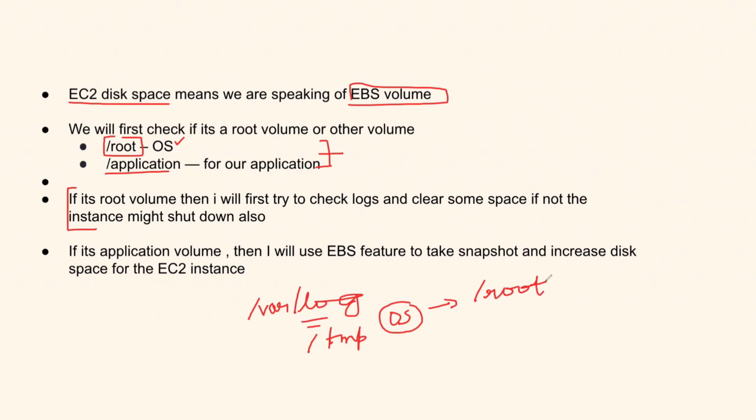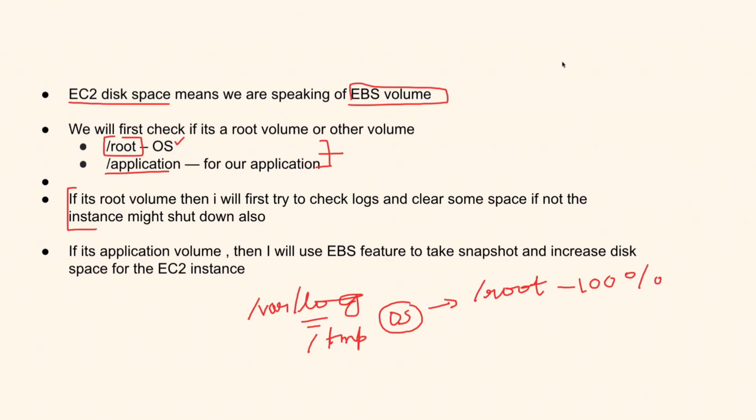This is an important debugging step when it comes to root volume, because if the root volume becomes 100%, we will run out of actual disk space for our operating system, and then we have a higher issue of a shutdown of our machine.